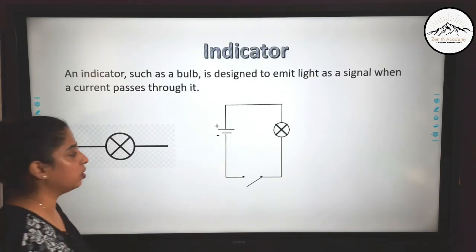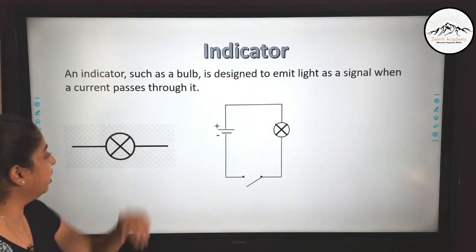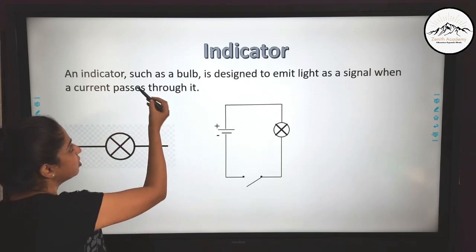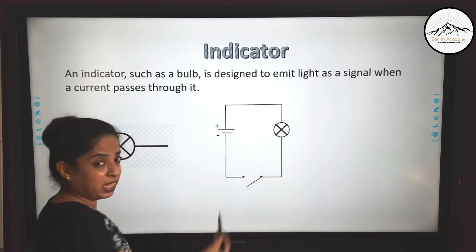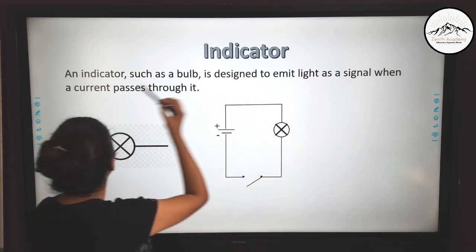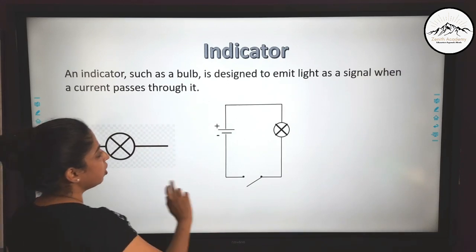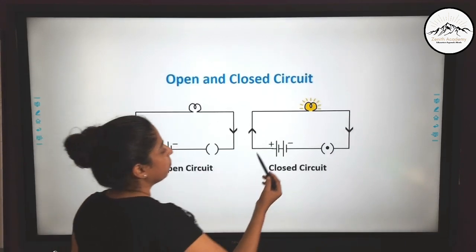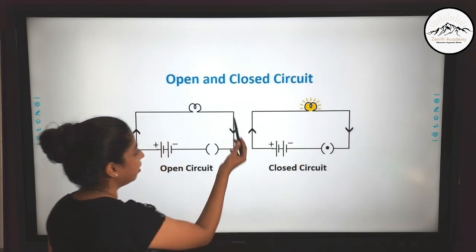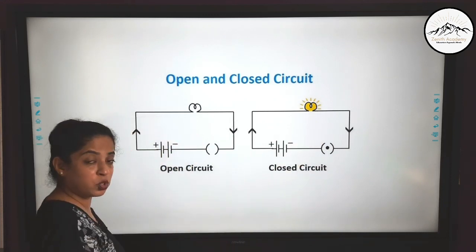Now going further, our next component is the indicator. It is shown by this symbol. Indicators are such as a bulb. Most of the time the indicator will be a bulb. It is designed to emit light as a signal when a current passes through it. Here you can see that since the current is passing, the bulb is glowing, and here the current is not passing, so the bulb is not glowing.